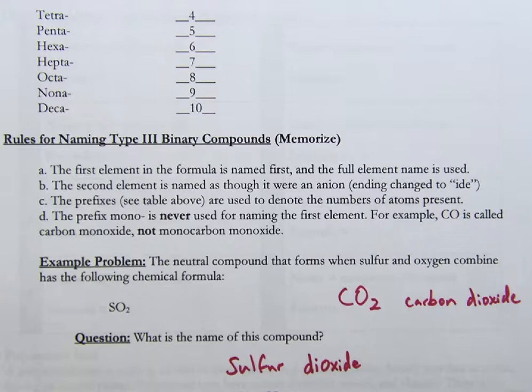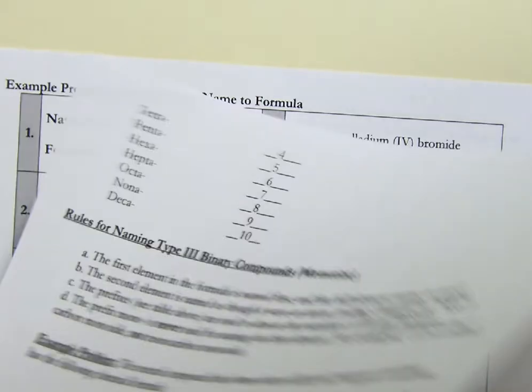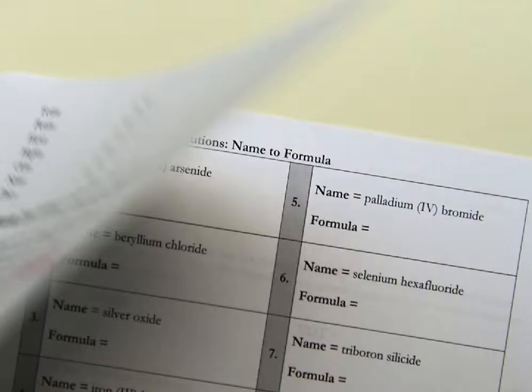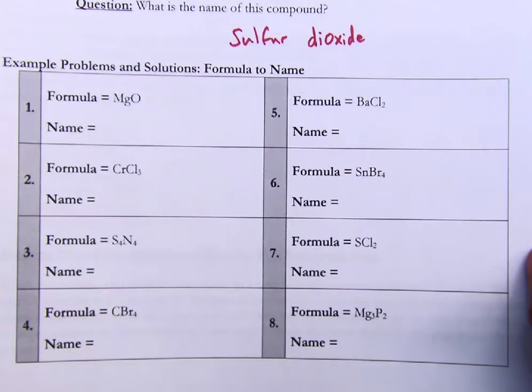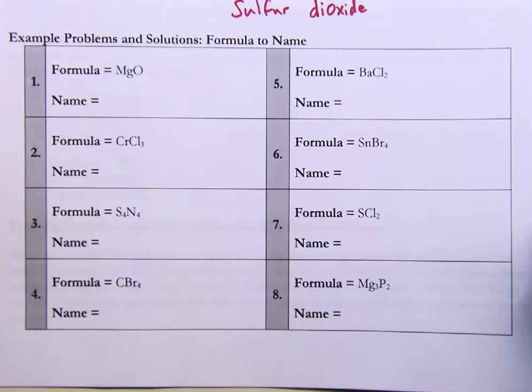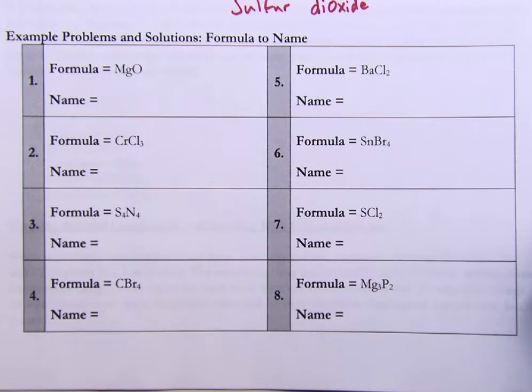Okay, now you are ready to attack the nomenclature game. We're going to have type 1, 2, and 3, all of them, practice here on the bottom of the page. First, we're going to practice going from a formula to a name, and then we're going to go the other way around, okay?